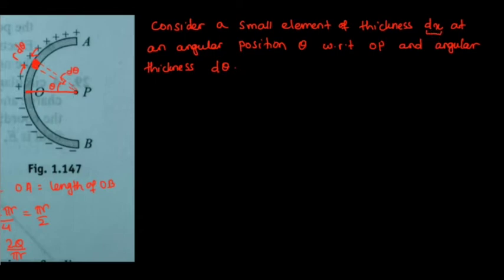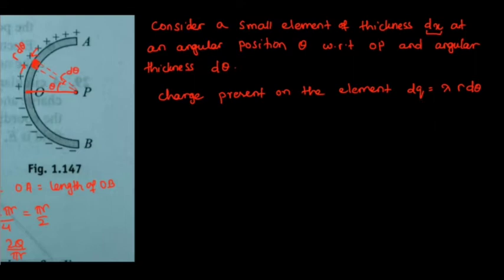If the thickness is r d theta, then what will be the charge present on this element? Let the charge on the element be dq, and dq is equal to lambda into the thickness r d theta. So lambda r d theta is the magnitude of charge on that small element.